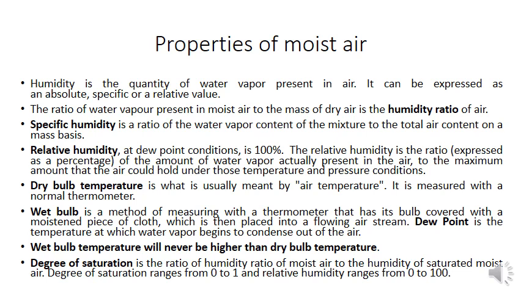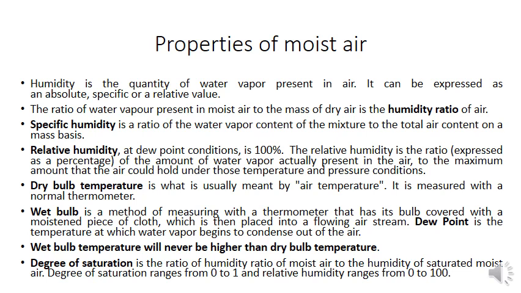Similarly, dew point temperature is the temperature at which water vapor begins to condense. That's it. Three temperatures. Now wet bulb temperature will never be higher than the dry bulb temperature. Obviously dry bulb temperature is the normal air temperature. Wet bulb temperature is the temperature once the thermometer is moistened with the wet cloth.